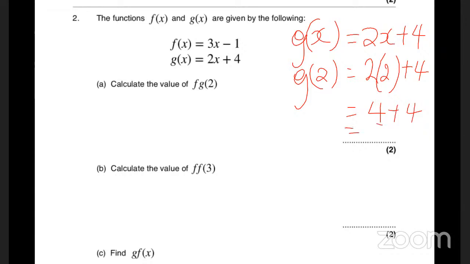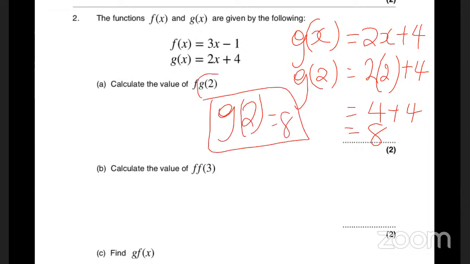Thank you so much, my darling. Now, G2 is 8, so we can write it here: G2 equals 8. So we know that bit. Now we're going to take our G2 and put it into F. So write down our function F first. F of x equals 3x minus 1.